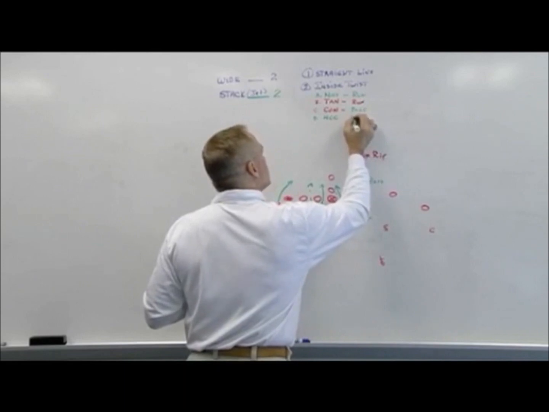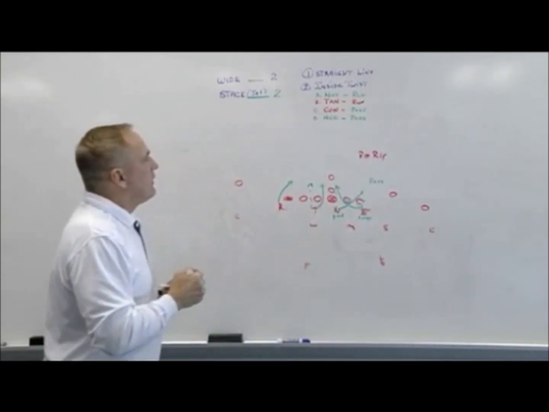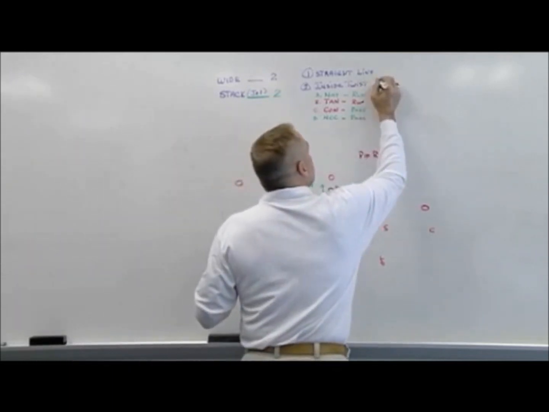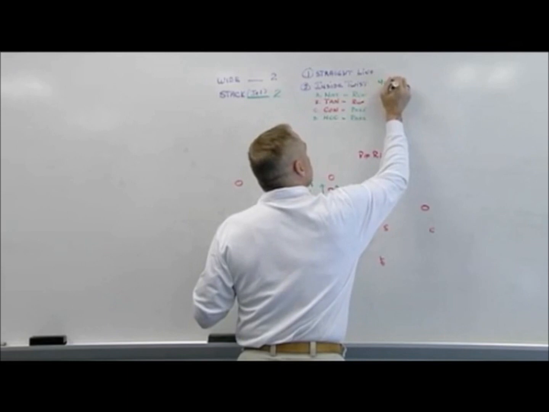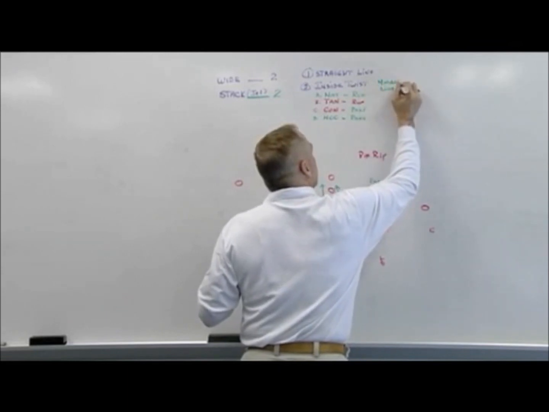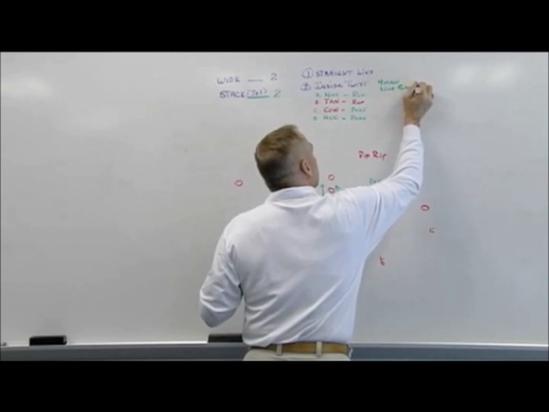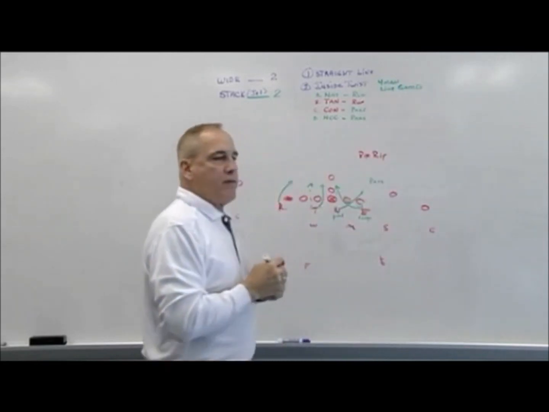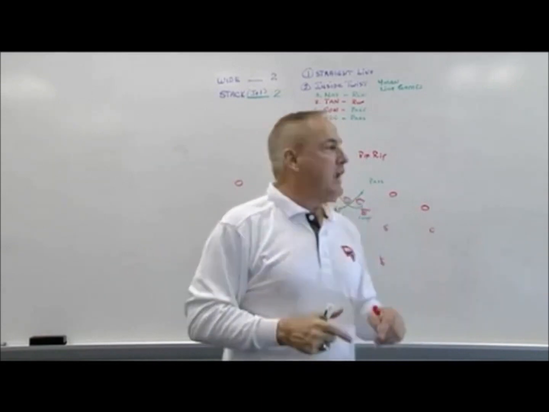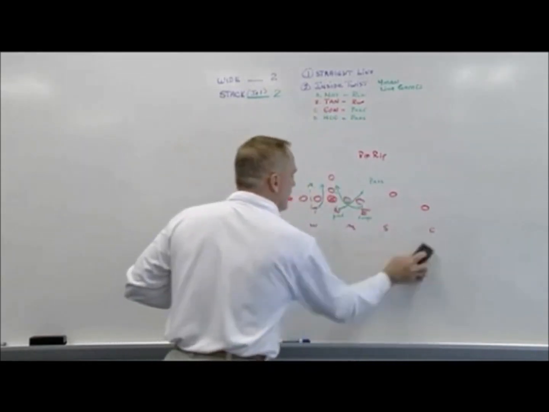Again, I like this versus a pass. And again, all these are four-man line games. And again, the coverages you can play: cover 2, cover 4, cover 3, and cover 5.